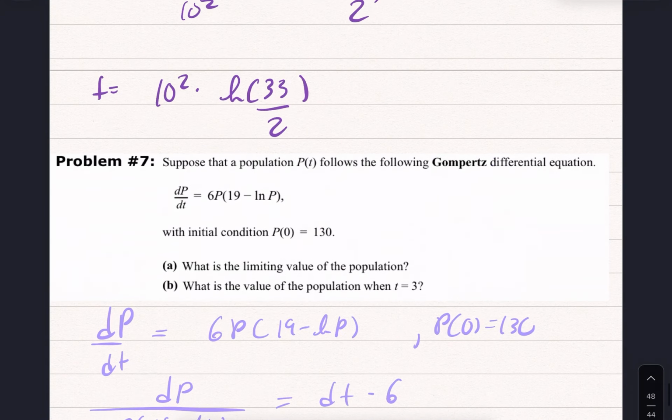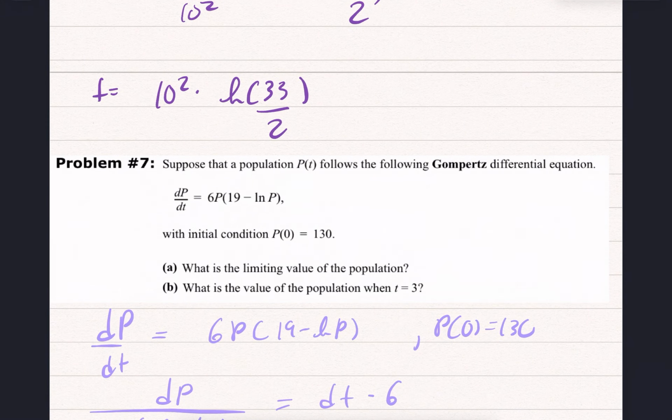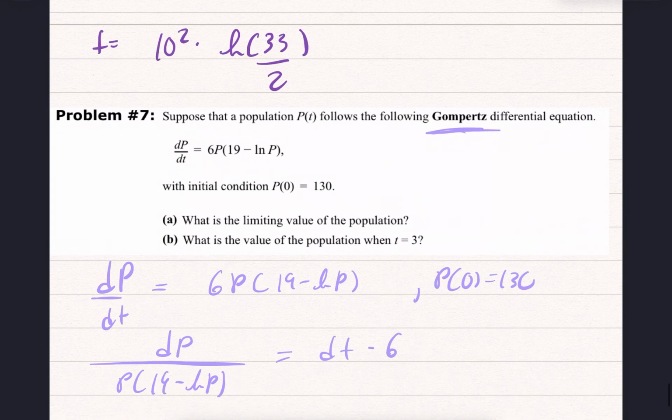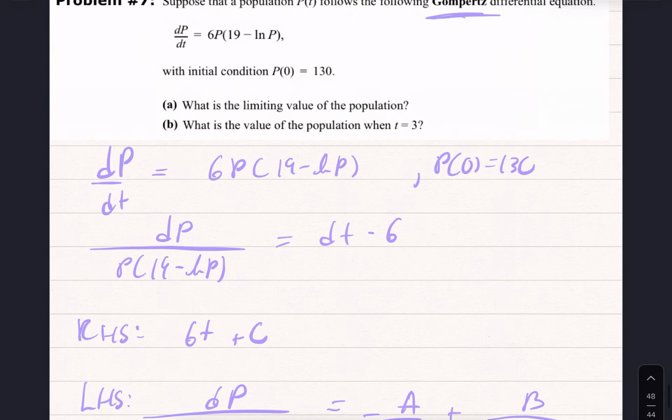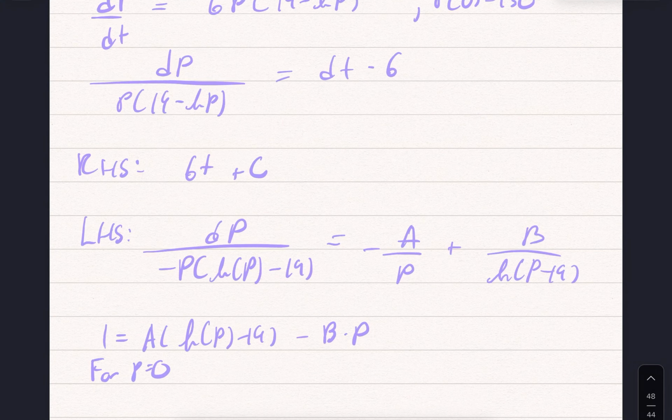So, how do you approach this correctly? Whenever you see Gompertz, you're just going to instinctively know, and you're going to hear it from me, that you're going to have to do a u-sub. A very awesome, amazing u-sub that really makes the question good.